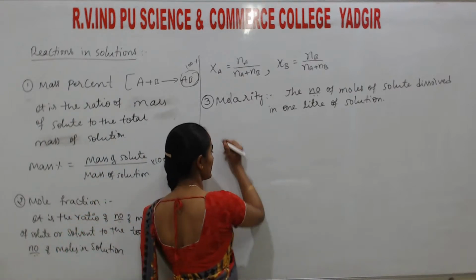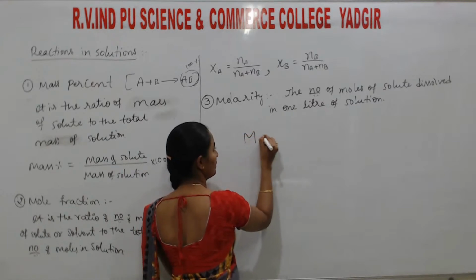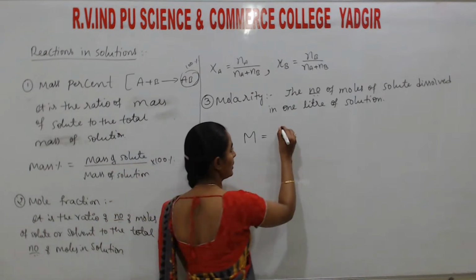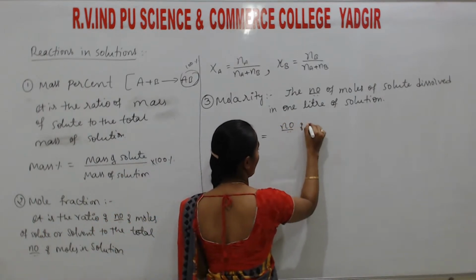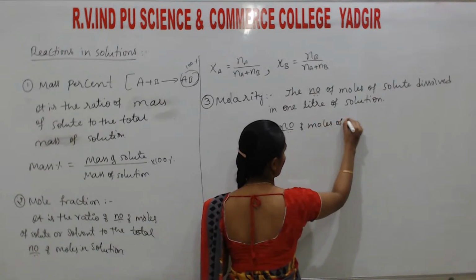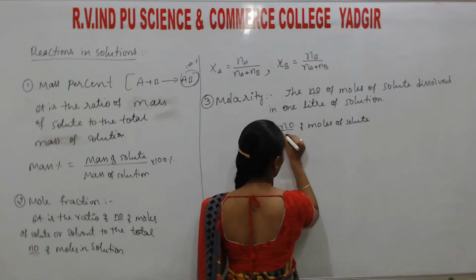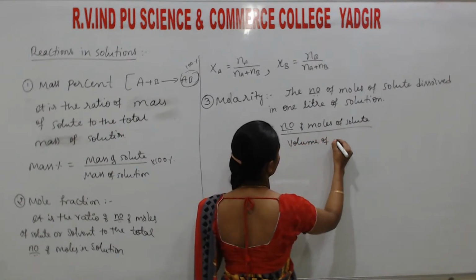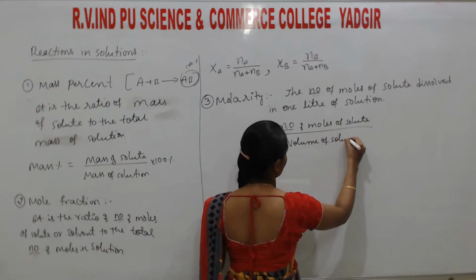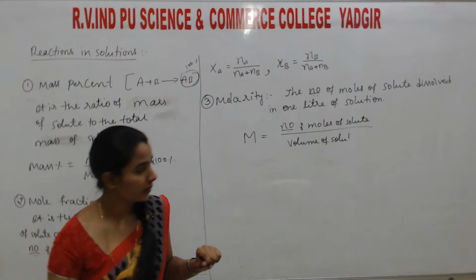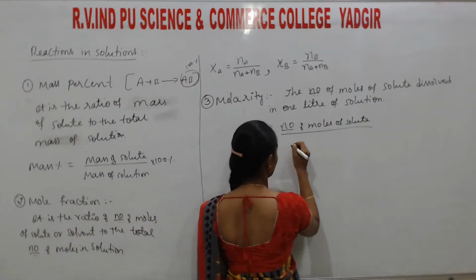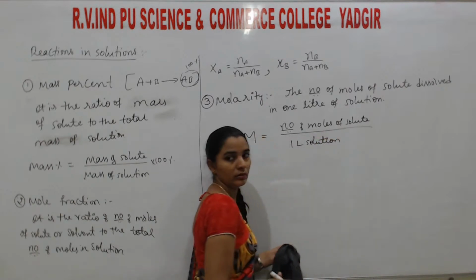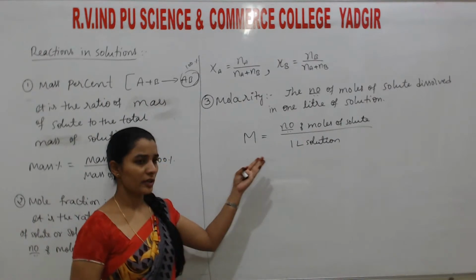So molarity is represented by capital M. Molarity is represented by capital M, that is number of moles of solute divided by volume of 1 liter solution you take, or you can take volume of solution in 1 liter.